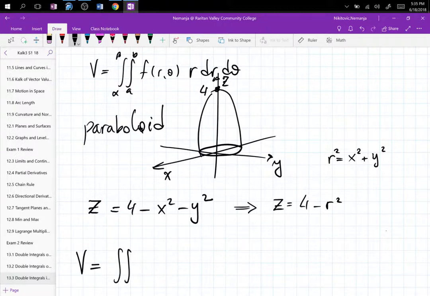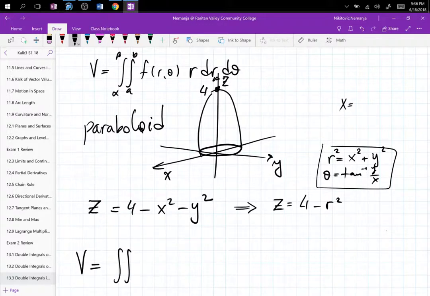And the conversion for those are clearly the sets of formulas that you guys know. Theta is inverse tangent of y over x. So that's one set. And then the other set is that x equals r cosine theta, and y equals r sine theta.